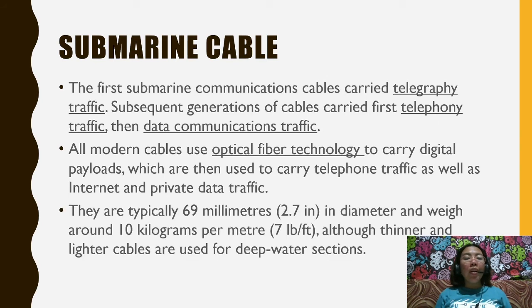They are typically 69 millimeters or 2.7 inches in diameter and weigh around 10 kilograms per meter or 7 pounds per foot, although thinner and lighter cables are used for deep water sections.